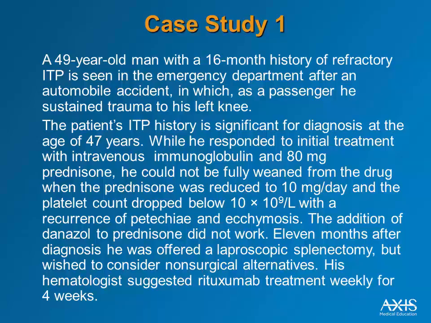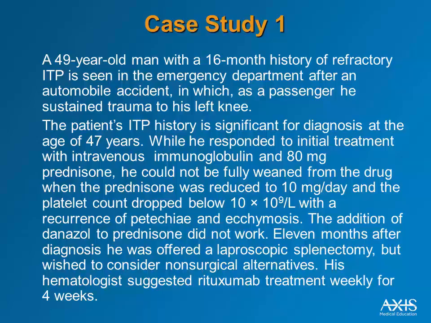As background, his ITP history begins 2 years previous at the age of 47. He responded to initial treatment with intravenous immunoglobulin and 80 milligrams of prednisone, with his first platelet count being less than 5,000.